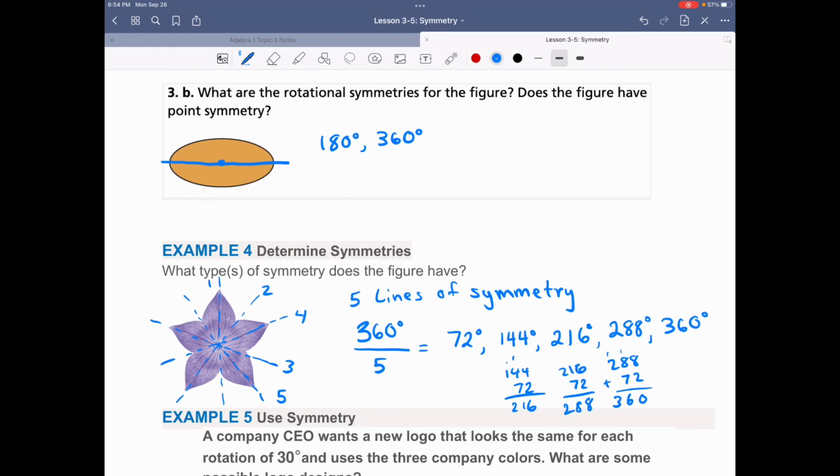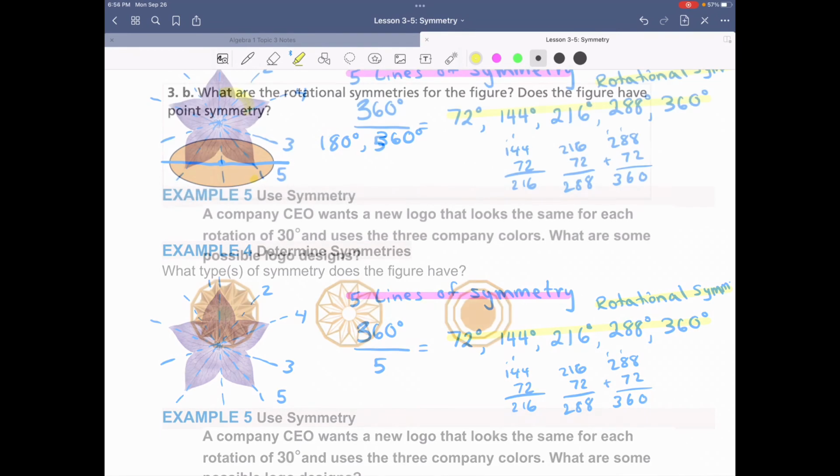And that would be rotational symmetry. And I'll just abbreviate that. So we had 5 lines of symmetry, and we had 5 different angles of rotational symmetry.